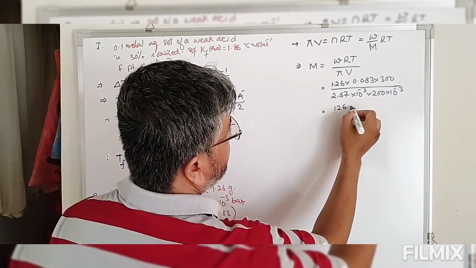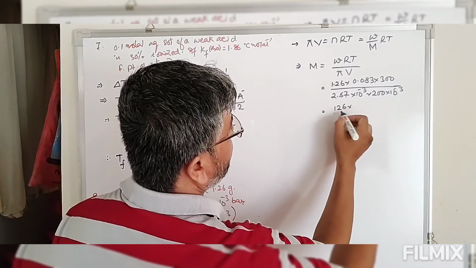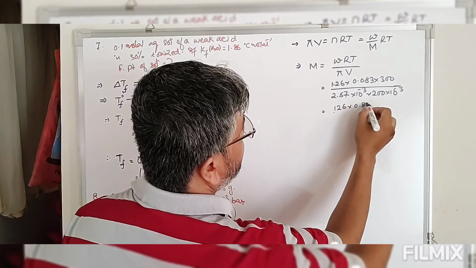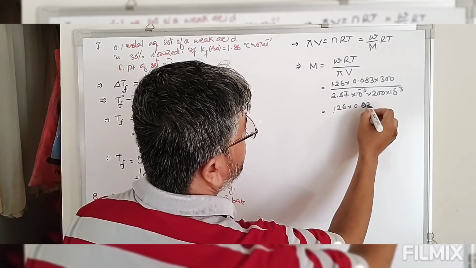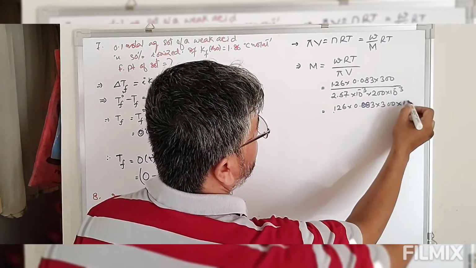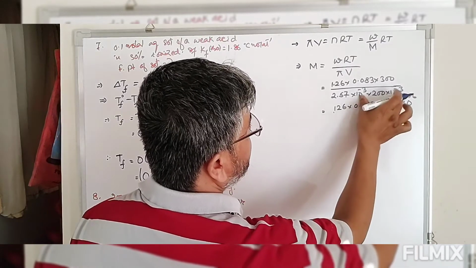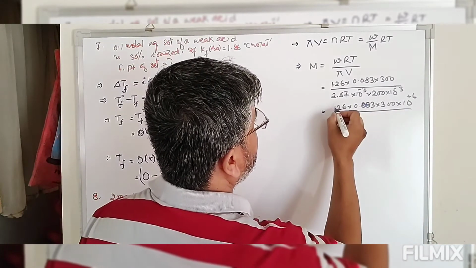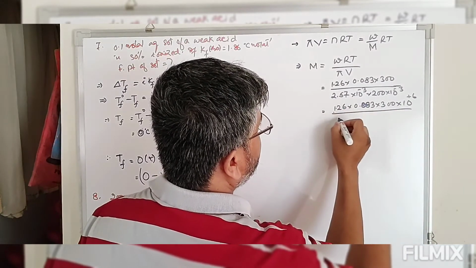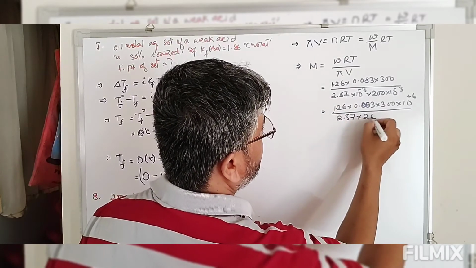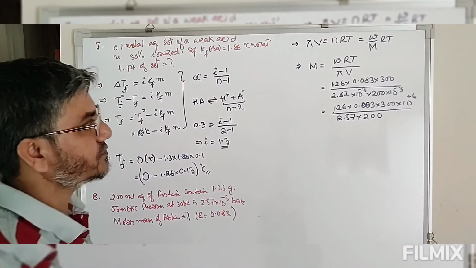So this equals 126 into 0.083 into 300 into 10 to the power 6 minus 3 divided by 2.57 into 200.